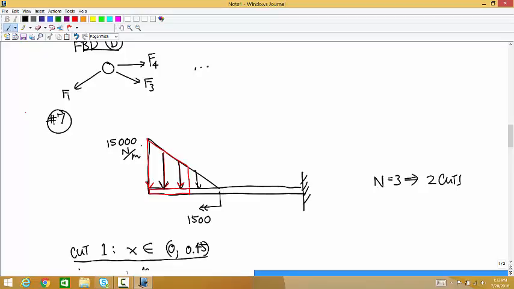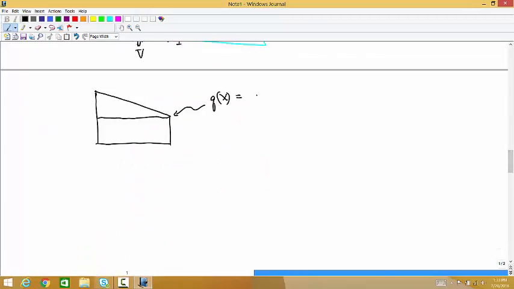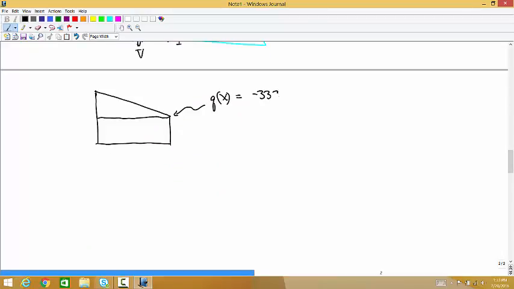When x is equal to 0, it has a value of 15,000. So what's negative 15,000 divided by 0.45? Okay, so negative 33,333.3 repeating x plus 15,000. That's the equation for this line.